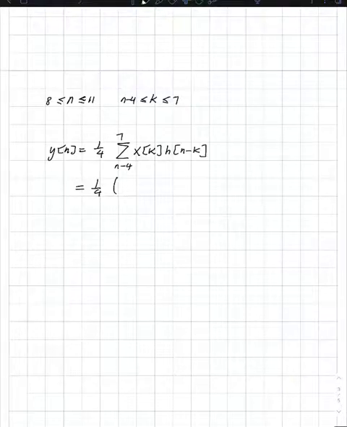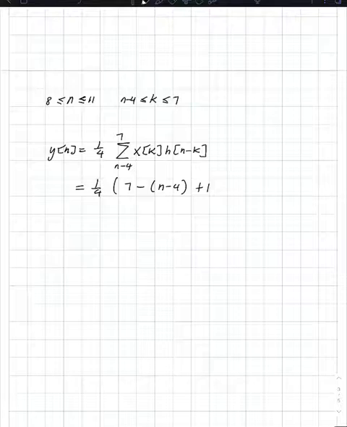To evaluate this, upper limit minus lower limit plus 1.